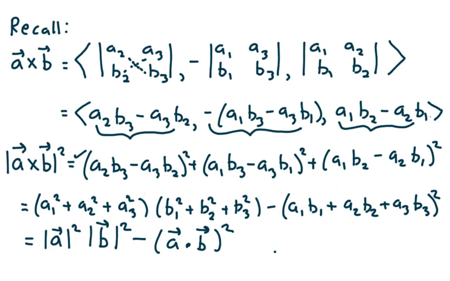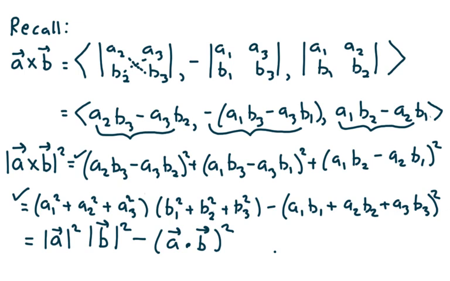Now, this is a massive amount of algebra that I'm not going to go through, but I will tell you on the very next line, you're going to get A1 squared plus A2 squared plus A3 squared, that quantity, times B1 squared plus B2 squared plus B3 squared. And then I subtract the quantity A1 B1 plus A2 B2 plus A3 B3 squared.